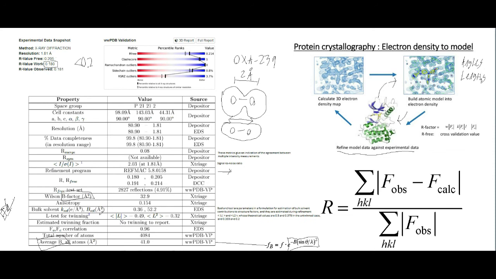my crystal. The bulk solvent, which I have written here, B sol and K sol are parameters in the formulation or estimation of bulk solvent contributions to the structure factors. So what that means is we have our crystal, and so say this is our unit cell on our crystal, and we have our protein in here, and well, it'd probably be another protein, so maybe there's multiple proteins in our unit cell, but there's also going to be water molecules all throughout here.